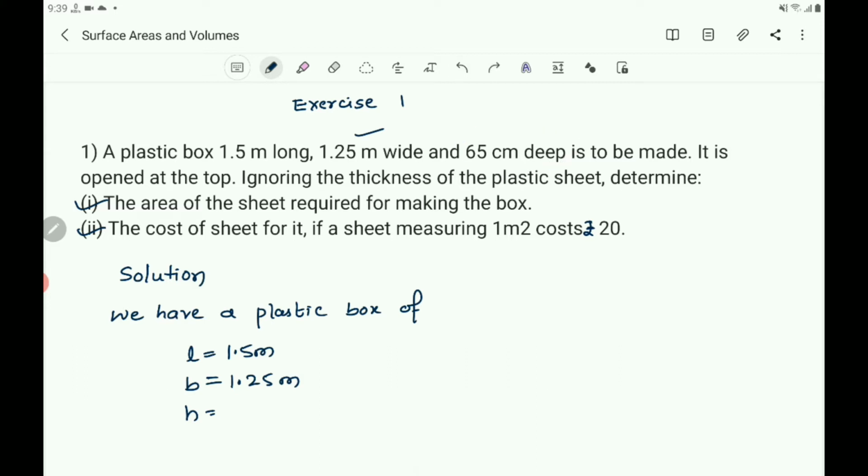Deep means height here. So H equals 65 centimeter.